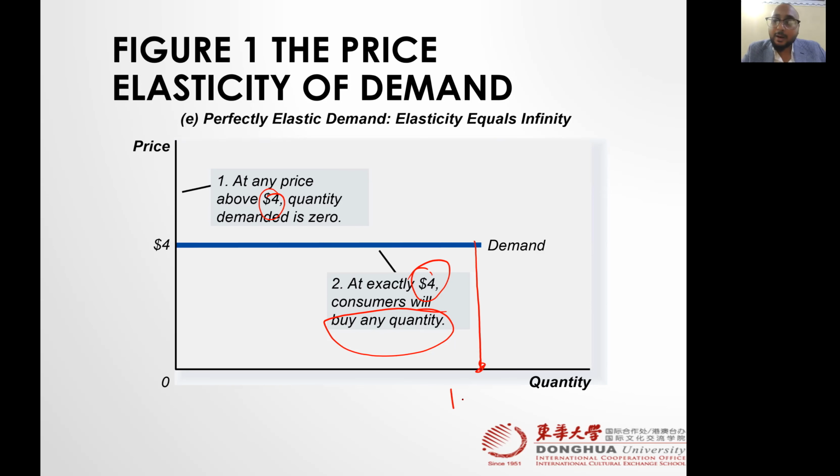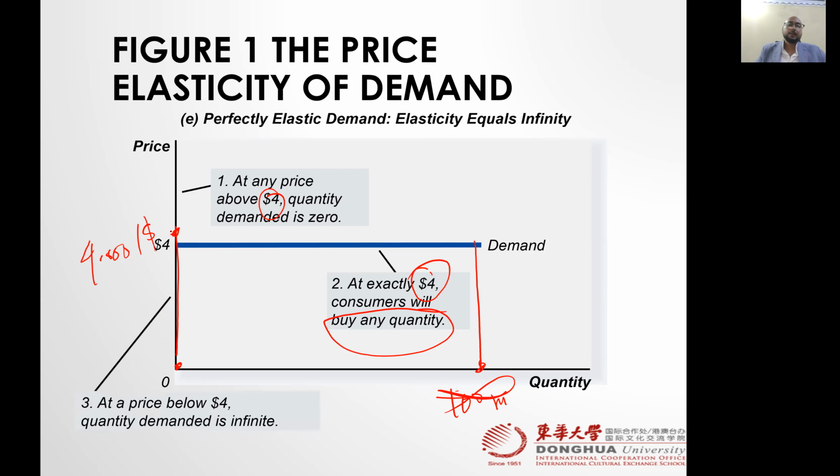For example, 100 million barrels of gasoline, if price only increases $0.001, nobody wants to buy. 0 quantity of gasoline is going to be sold. Right? These phenomena rarely occur, but they occur in real life as well. At below 0, it is infinity.